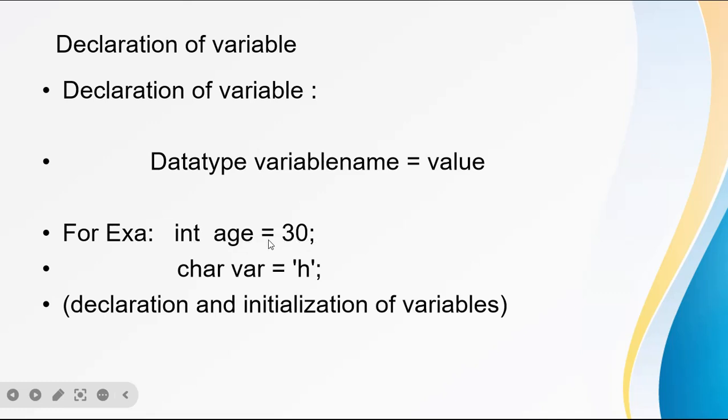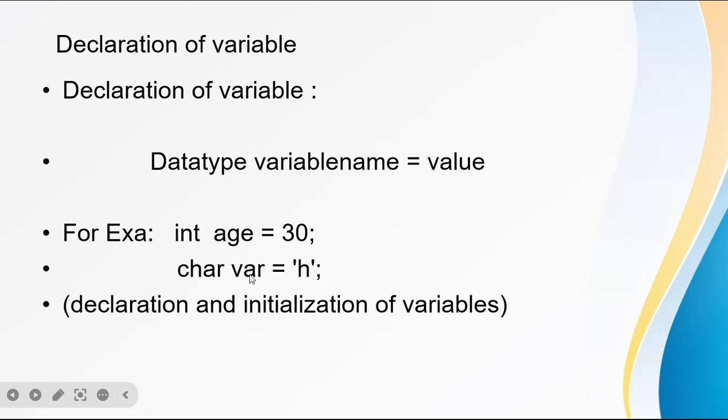This is the declaration of a variable. The syntax is like: first we take the variable name. I have taken the variable name age equal to, and its value is 30. And its data type also, meaning in which data type that value is stored. So we mention that data type also, like 30 is an integer value, so the data type is int.